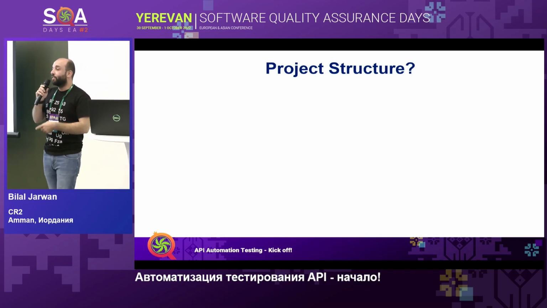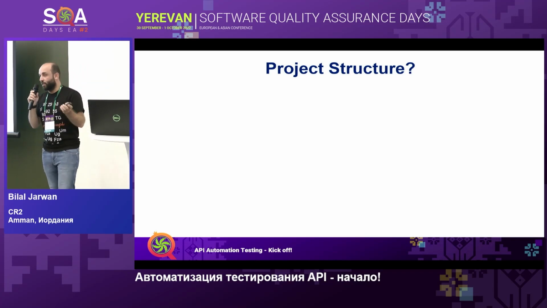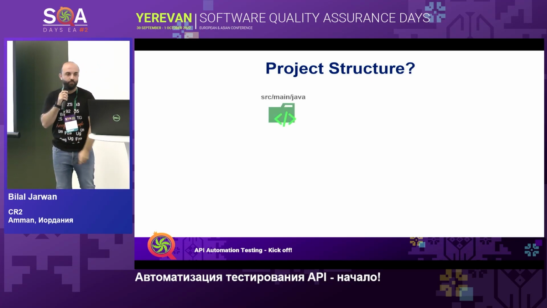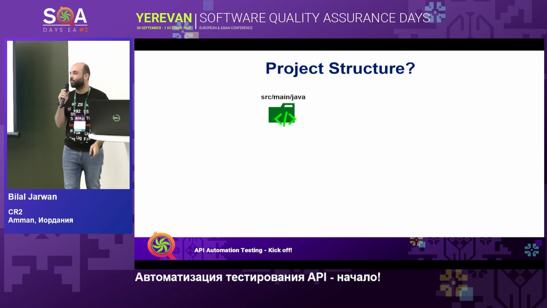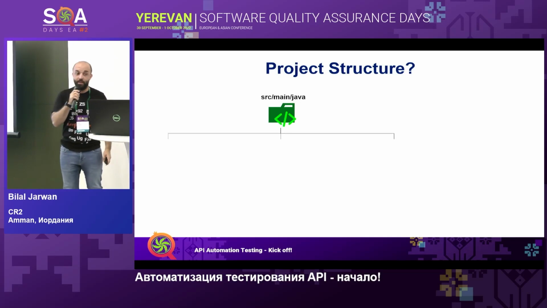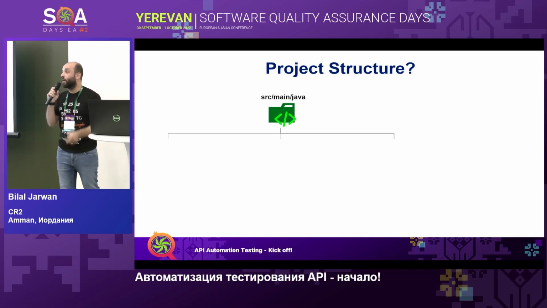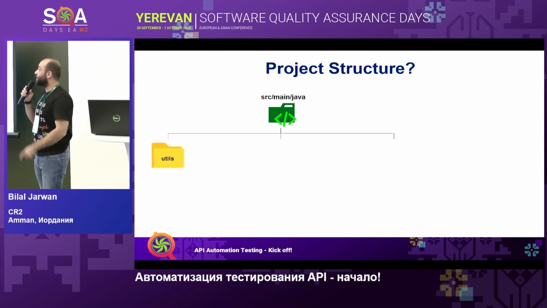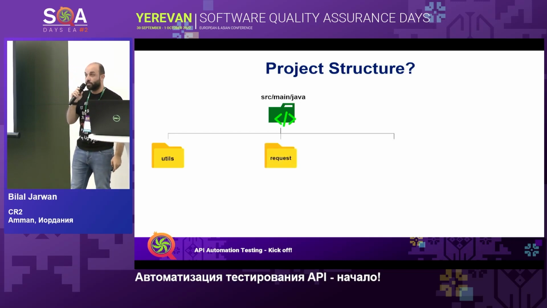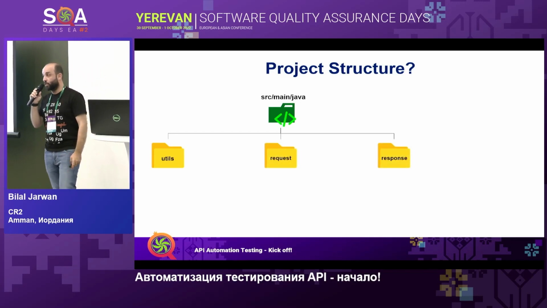Once you create a Gradle project in IntelliJ or Eclipse, whatever you use as an IDE, you will see that we have different source folders. The first one is src main java. And under src main java, we will create a package called utils, another package called requests, and the last one is response.